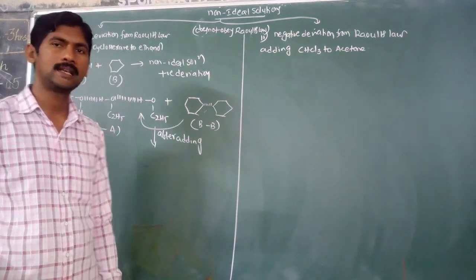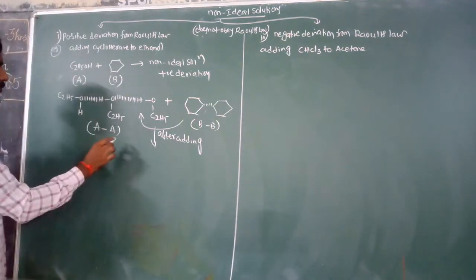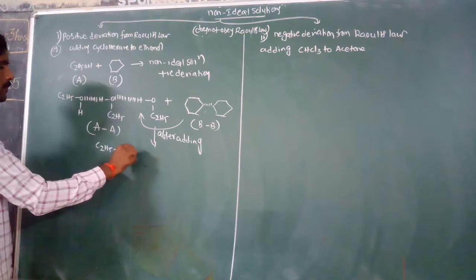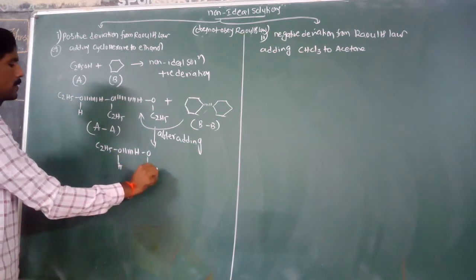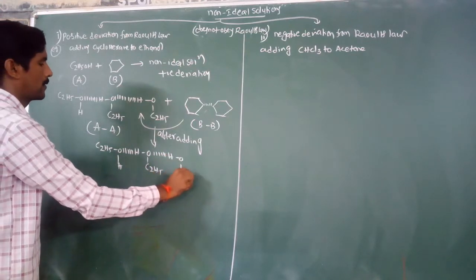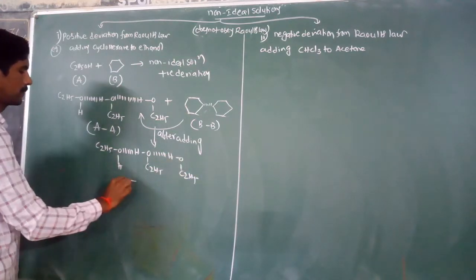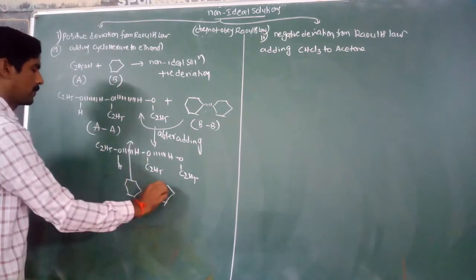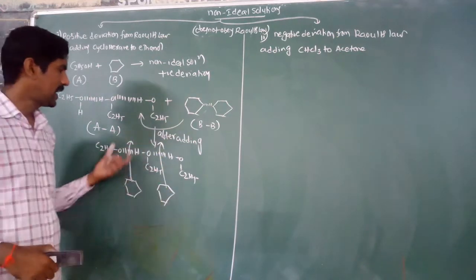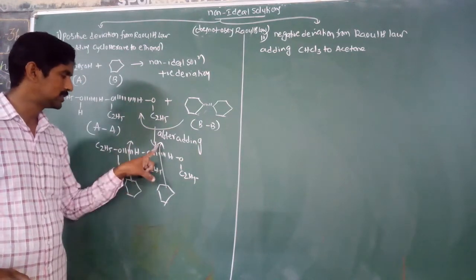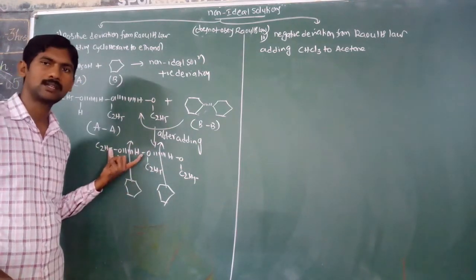After adding cyclohexane to ethanol, what happens? The cyclohexane goes into the space between the ethanol molecules.